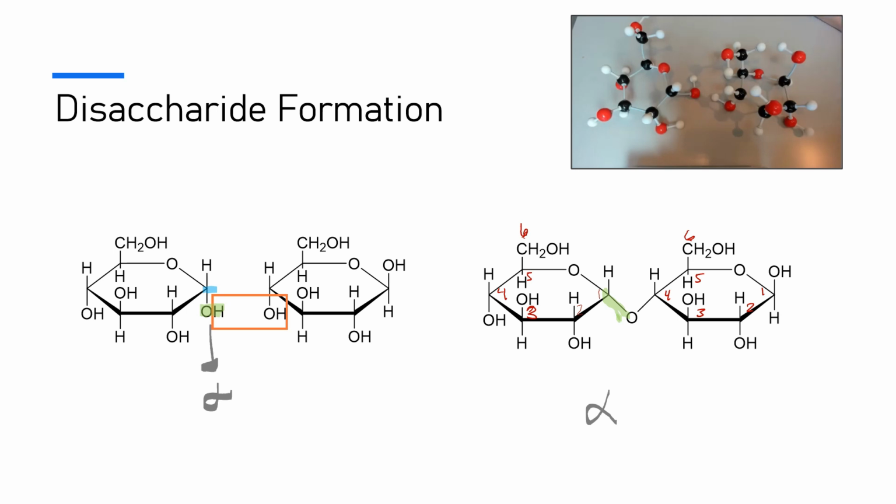What we can see is that carbon number 1, which is our anomeric carbon that is providing the glycosidic linkage, is reacting with carbon number 4. Therefore, this is an alpha 1,4 glycosidic linkage.